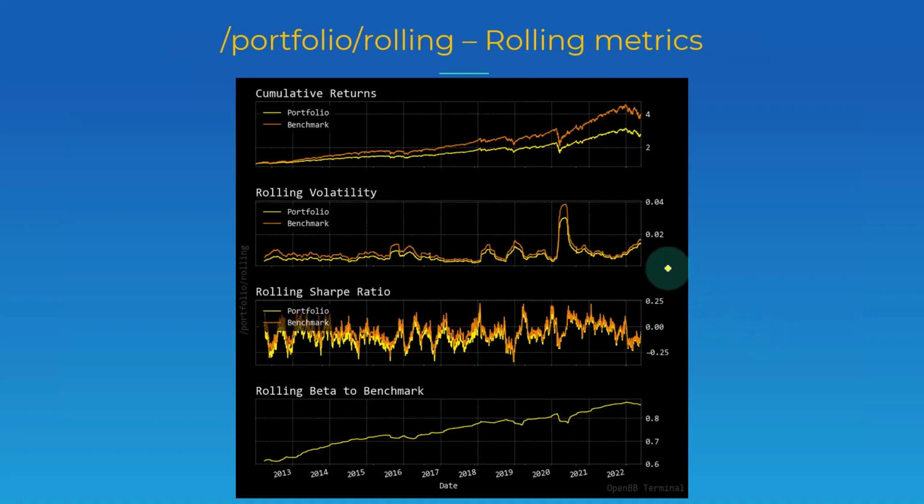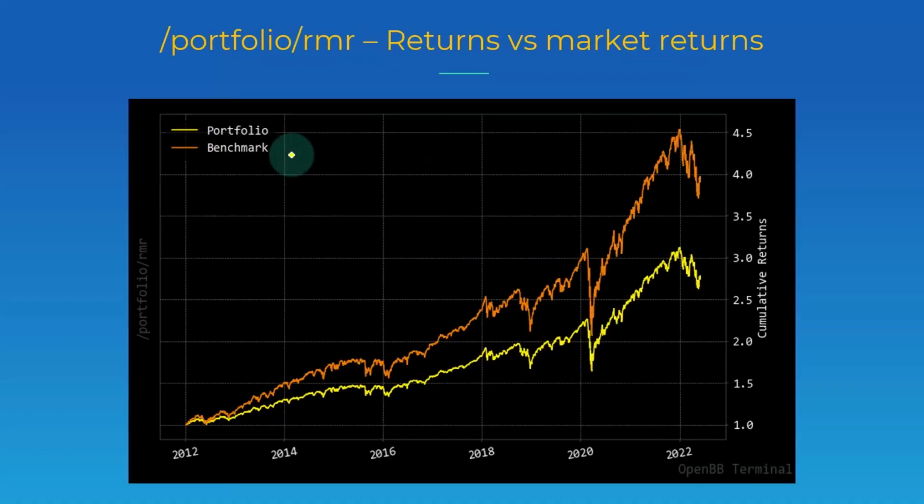And now that I've constructed that portfolio, I can see rolling performance. So it's rolling annualized volatility, rolling annualized Sharpe, rolling beta, and the actual equity curve there, compared to the benchmark. The benchmark they use is SPY. Okay.